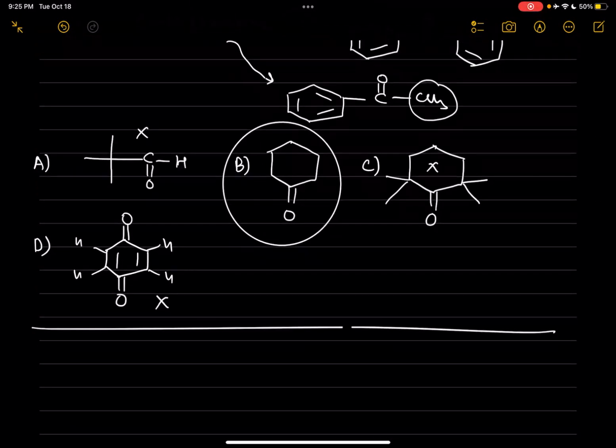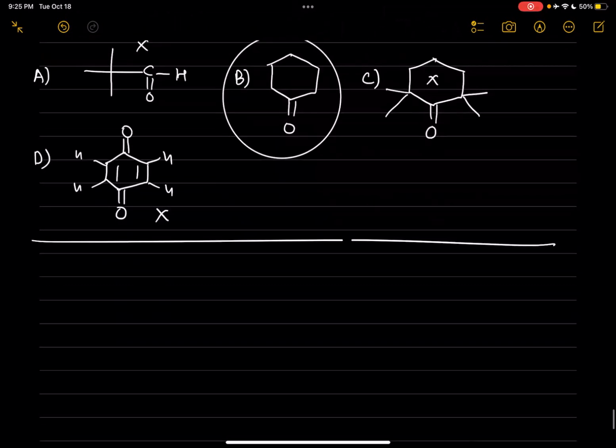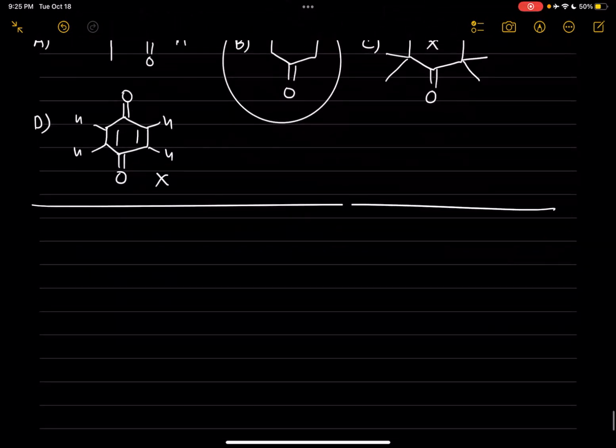So why is the alpha hydrogen acidic in nature? Because it can be easily detached. So before writing the mechanism, I will write one basic, most elementary question of aldol condensation.